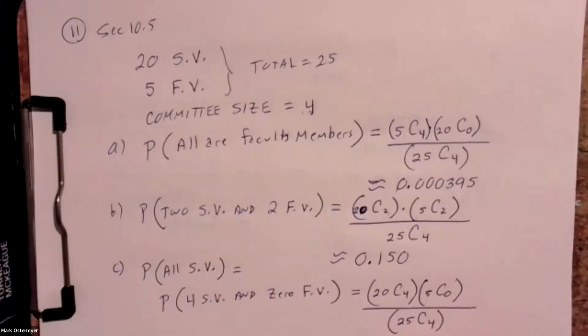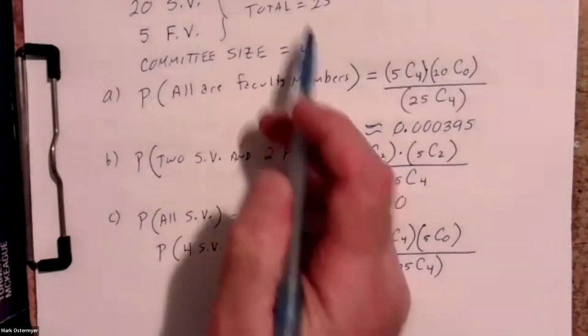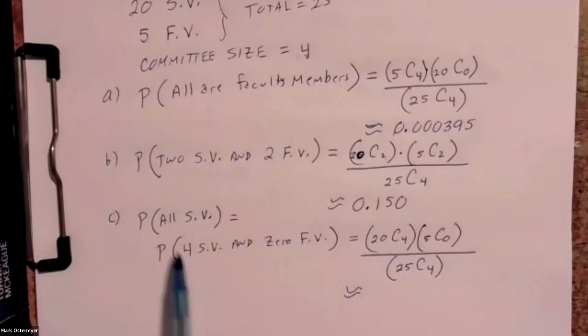All right, get on your calculator and dial that up, ladies and gentlemen. You have your answer. The probability if I randomly select 4 of these 25 members, that my committee of size 4 will consist of all student volunteers. 0.383.